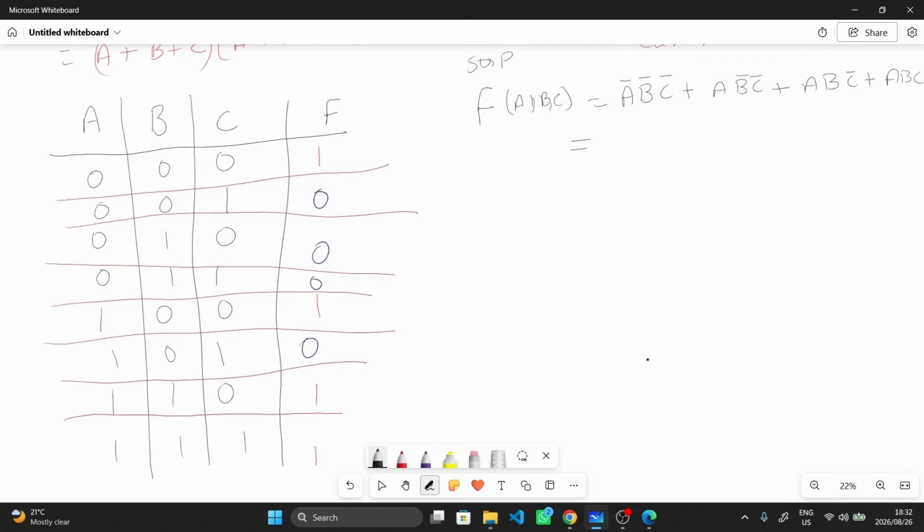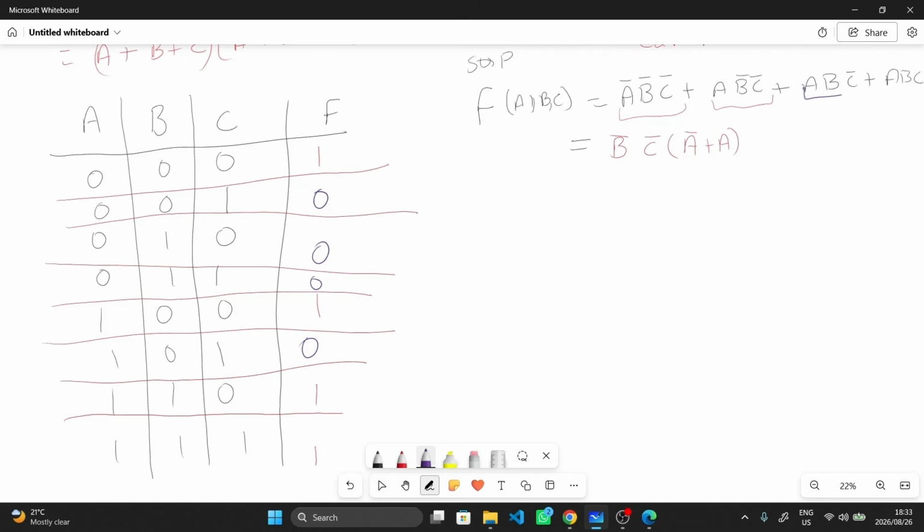So what we can do is, let's say in this case, if we check these two equations, we can take out a common factor here. Our common factor here will be B complement and C complement plus A complement plus A, right?